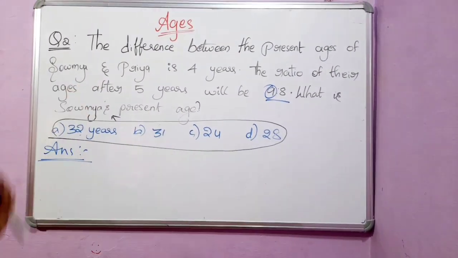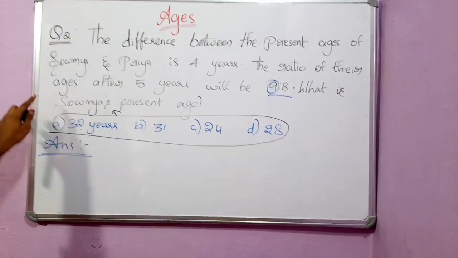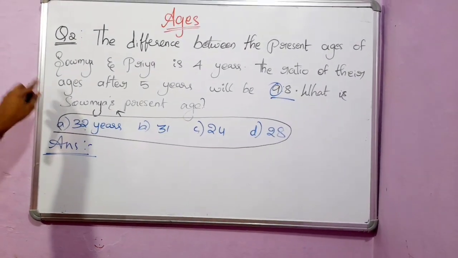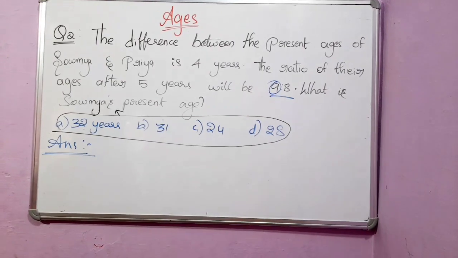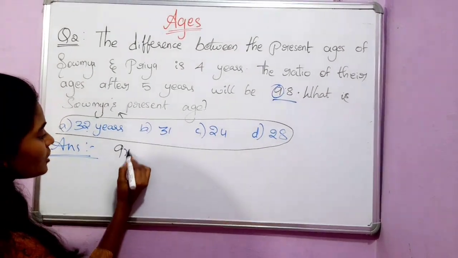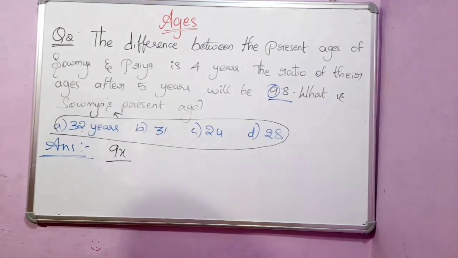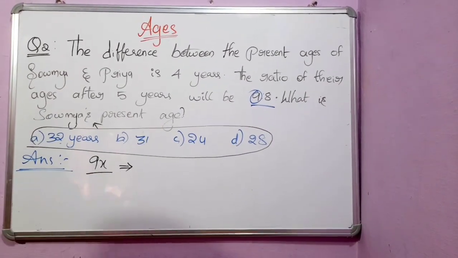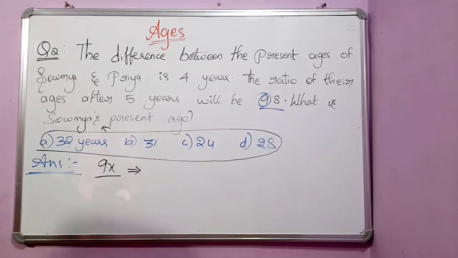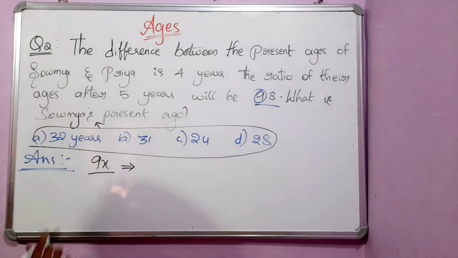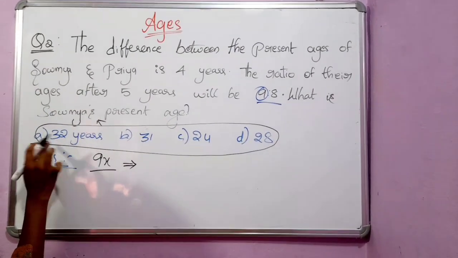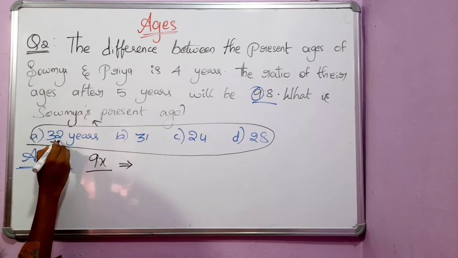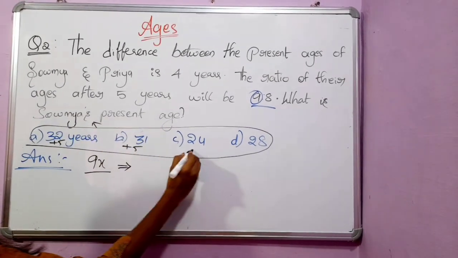But the ratio given is the ratio of the ages of Soumya and Priya after 5 years. Here Soumya's ratio is 9x, that means 9 parts. The value must be a multiple of 9. But the options are the present ages, so add 5 to each of these options.